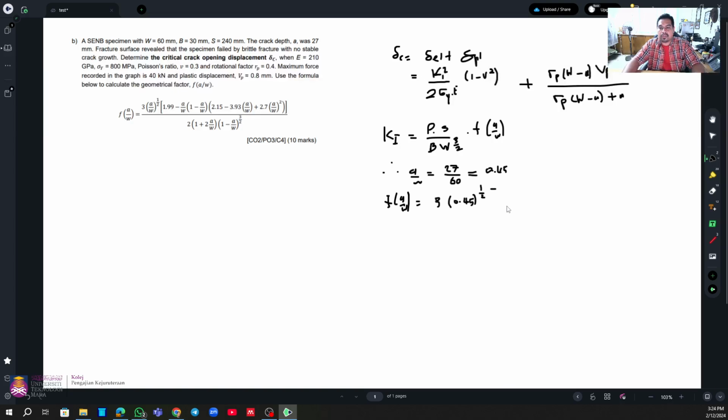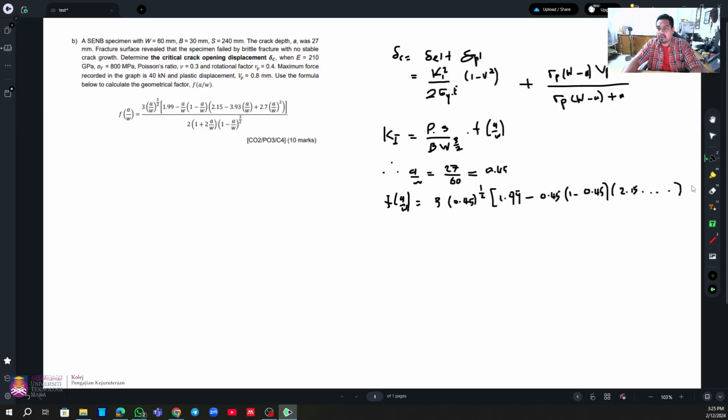Okay, and then we know it's 1.99, minus a over W, which is 0.45, and then you have to multiply by 1 minus 0.45. We know it already here, and you continue with 2.15. You continue until the end.